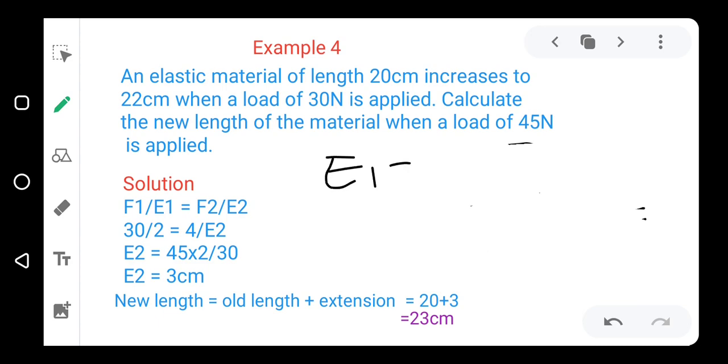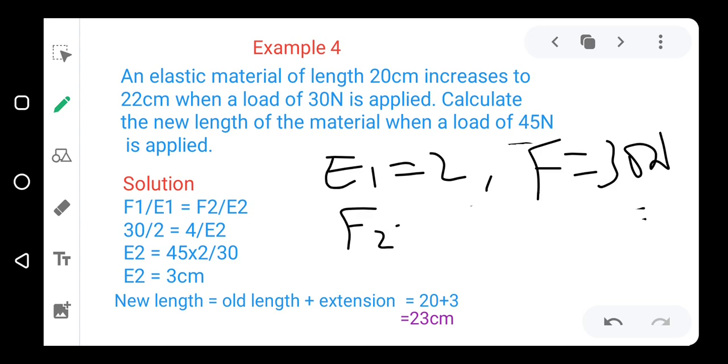So we now have that E1 is equal to 2, that is extension 1 is equal to 2, and F1 for it is equal to 30 Newton. Then F2 is equal to 45 Newton, and we are looking for E2. We are asked to calculate the new length of the material.